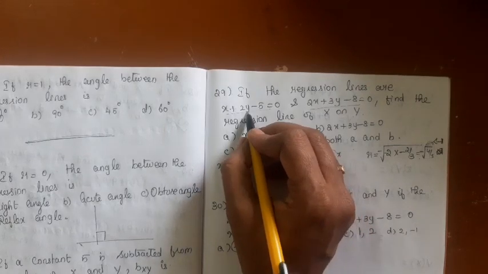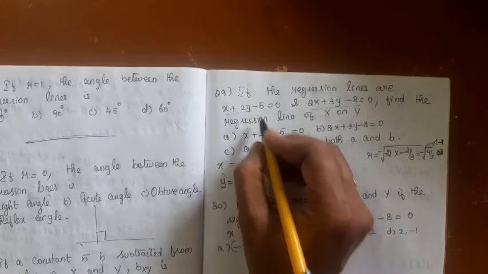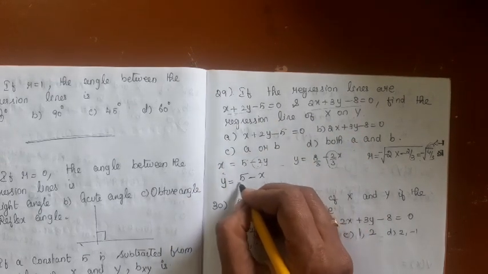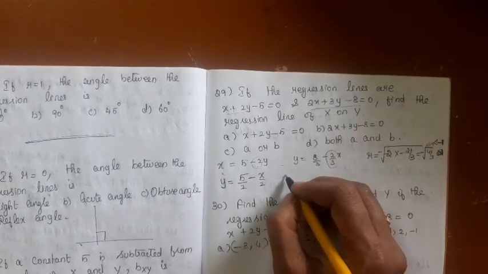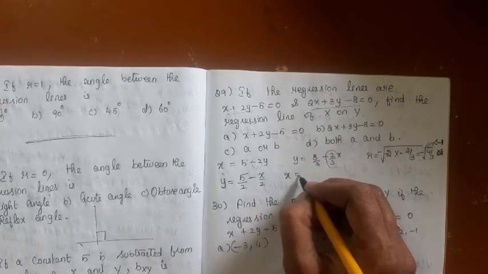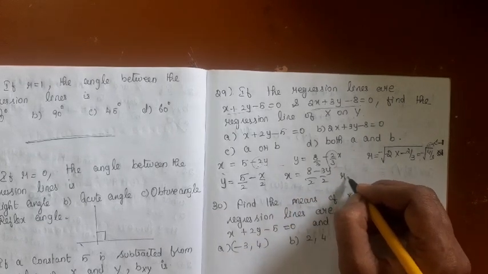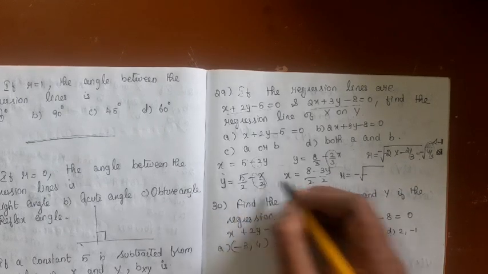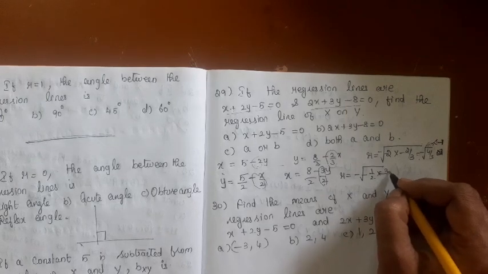Rather, you take this as the regression equation of y on x. So y is equal to, bringing everything to the right, 5 minus x by 2. And this is the regression equation of x on y: x is equal to 8 minus 3y by 2. Now r is equal to minus square root of byx into bxy, where byx is minus 1 by 2 and bxy is minus 3 by 2.